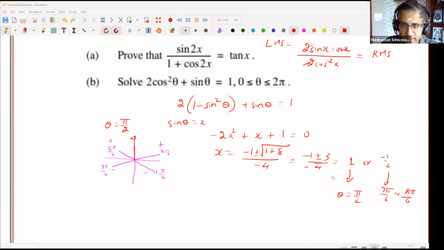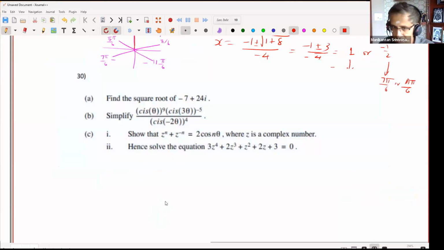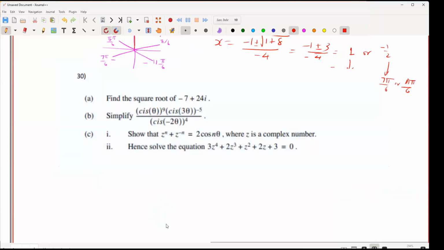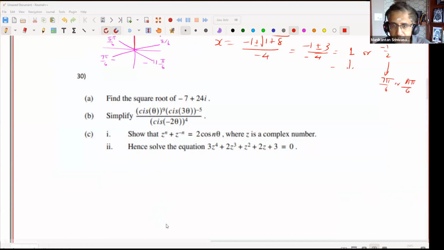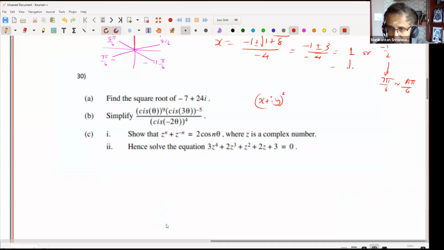Find the square root of minus 7 plus 24i. So I'll just say let the square root be x plus iy. So x plus iy whole square is minus 7 plus 24i.